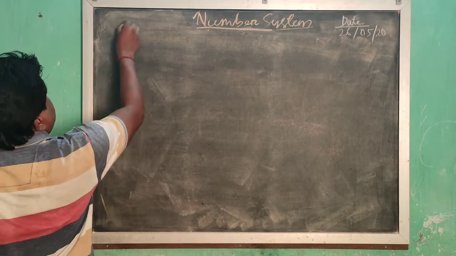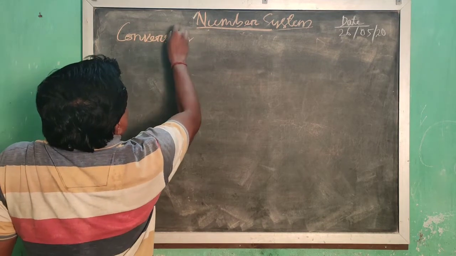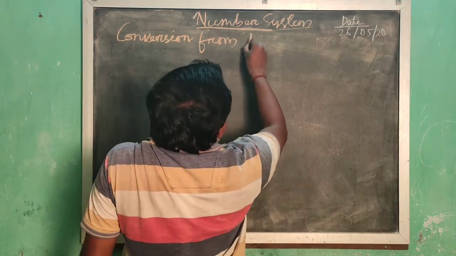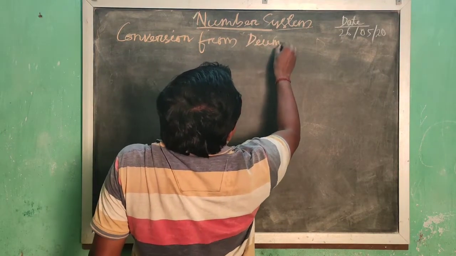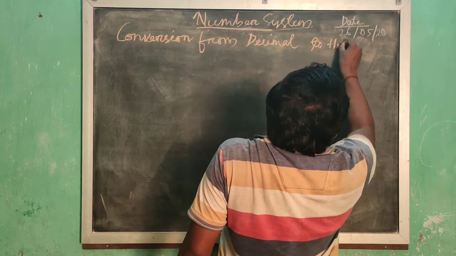Next one, you write down conversion from decimal to hexadecimal.